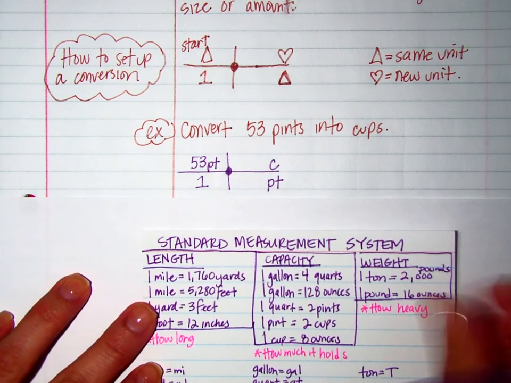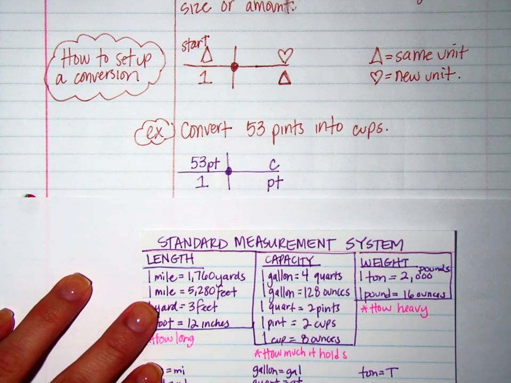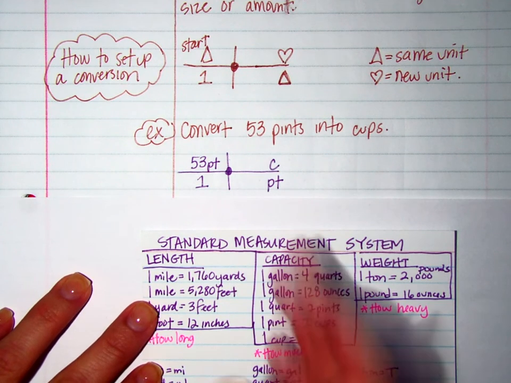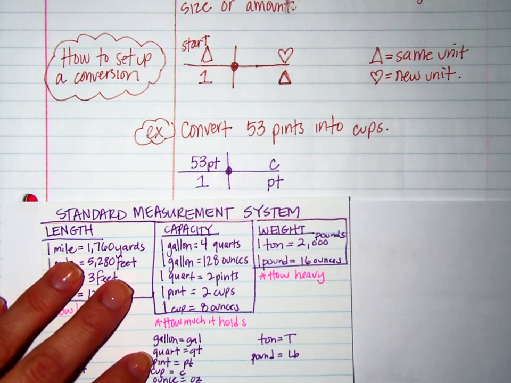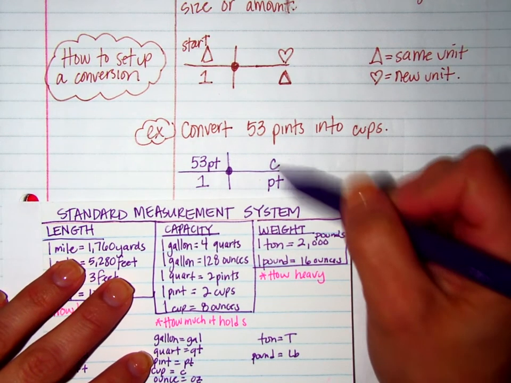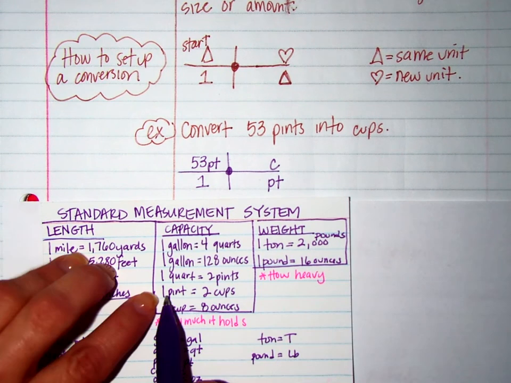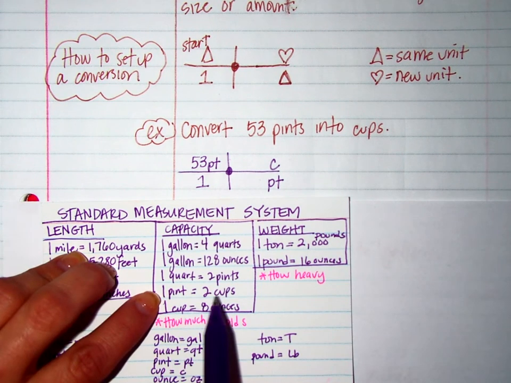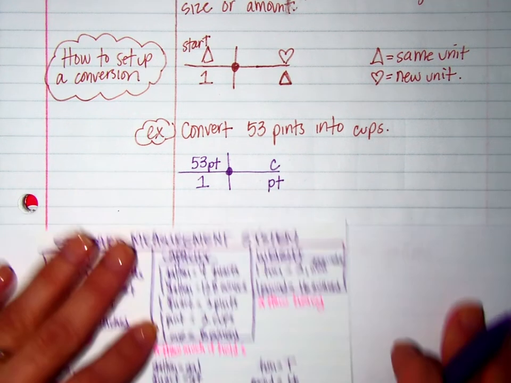Now I look for the relationship between cups and pints in my measurement list here. So I'm going to go back to my card and I'm going to look for a relationship between pints and cups. So I see that here 1 pint is equal to 2 cups, okay? So I'm going to write that down here, okay?